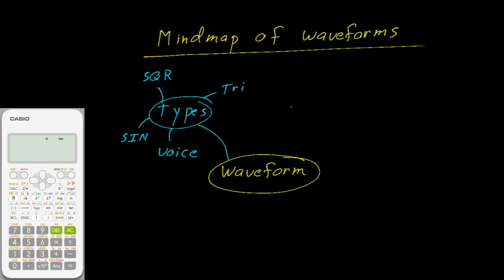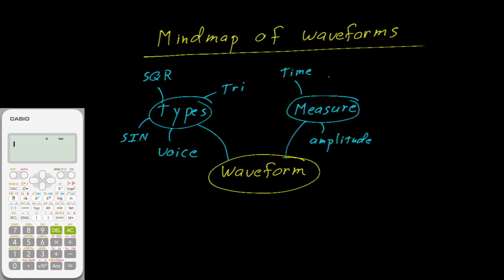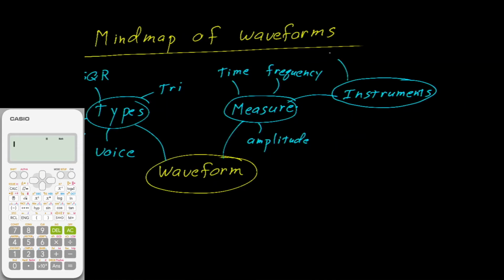We can measure our waveforms. The things we measure are time, or time is an attribute that we measure, amplitude, and frequency. We measure using various instruments, such as the oscilloscope, the spec analyzer, the spectrograph.